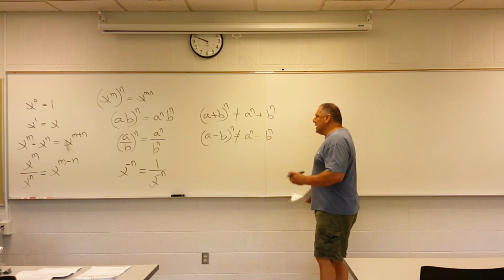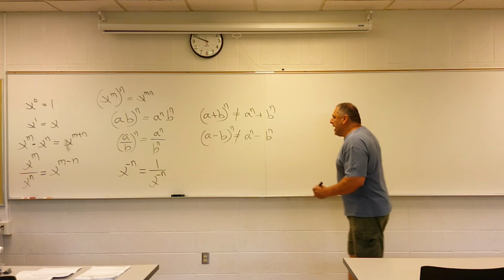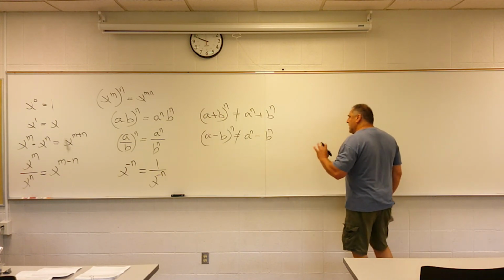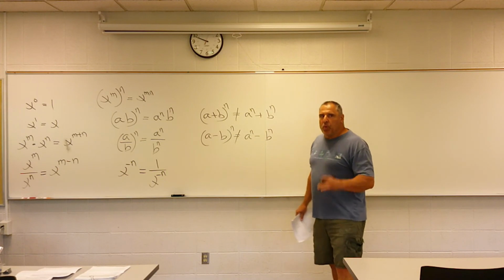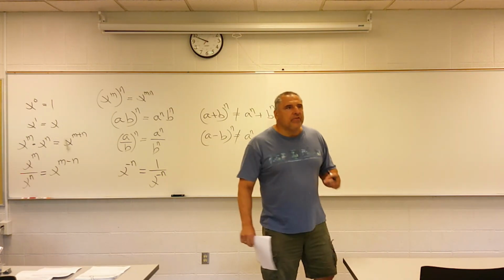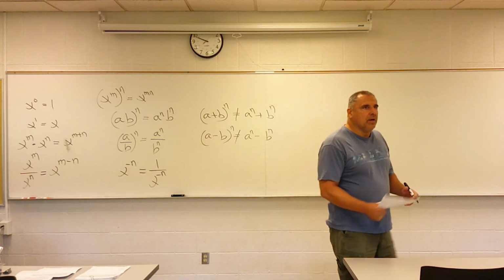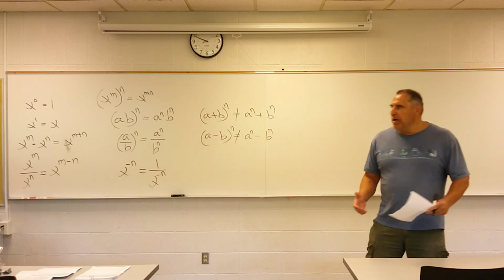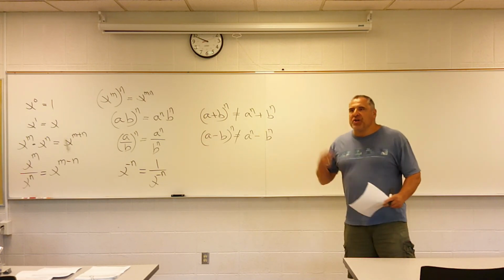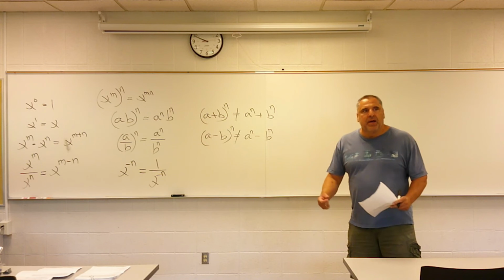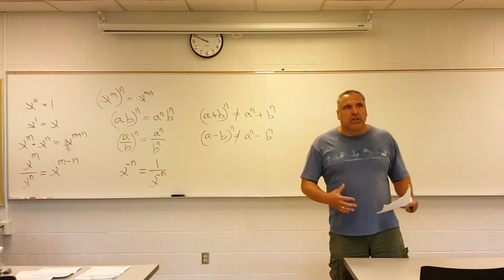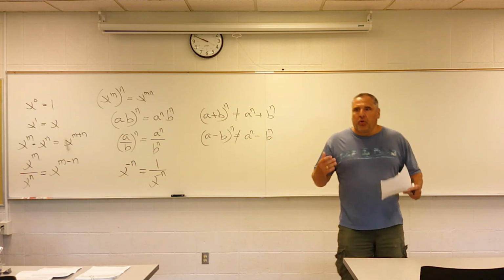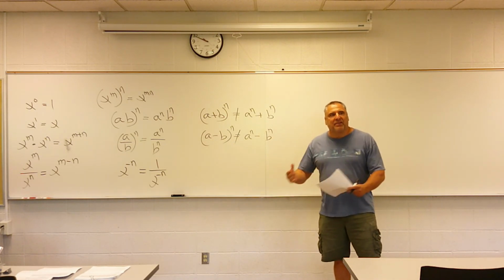But the big thing is, one thing I think everybody's got to remember: when do you distribute, when do you not distribute? You always use the distributive property when there's addition and or subtraction going on within a bracketed or parentheses quantity.